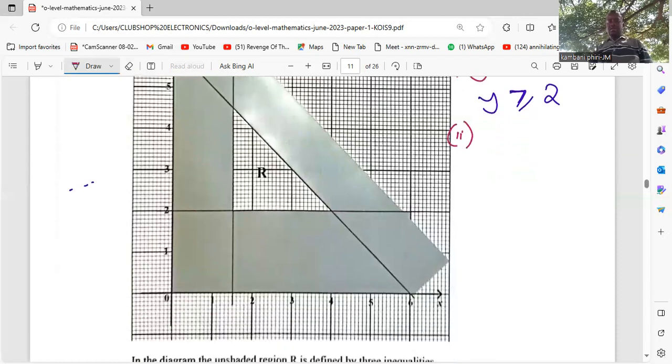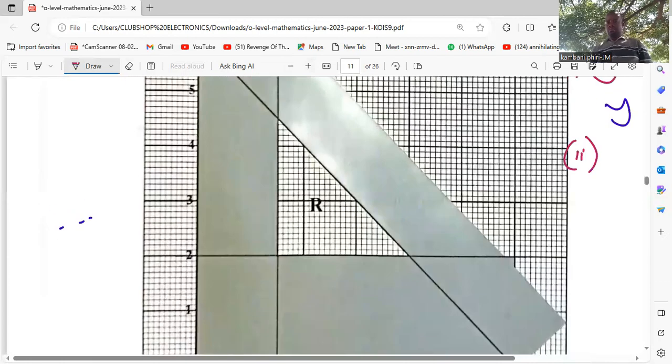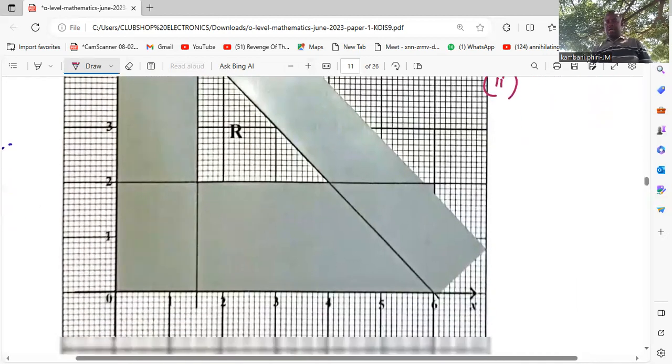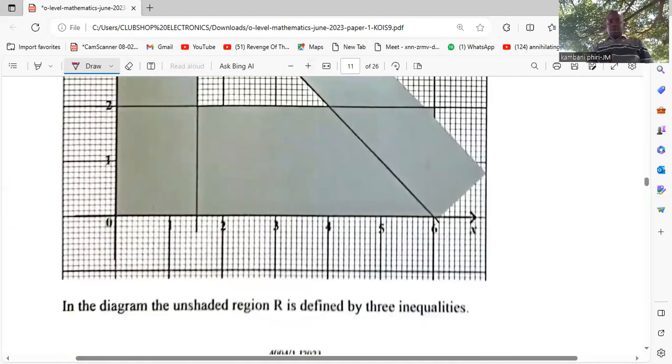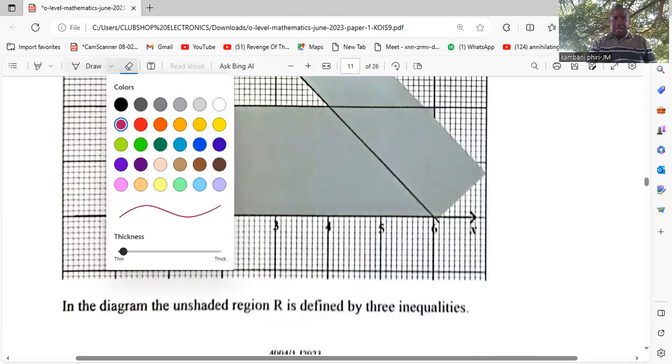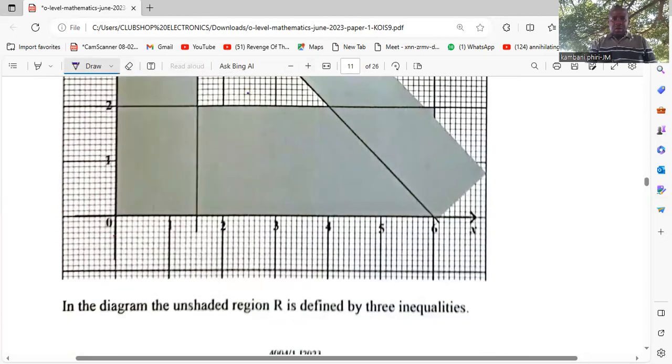At what number? Okay, let's check it. You have to be careful. You can see that from here up to there, it is 1. But there are 10 lines in between here.